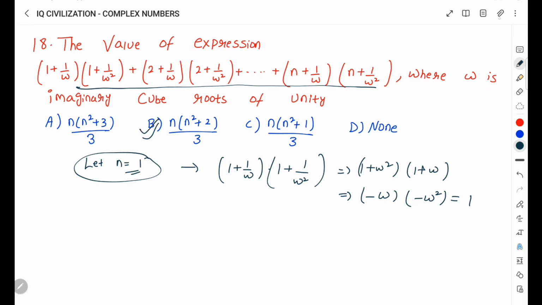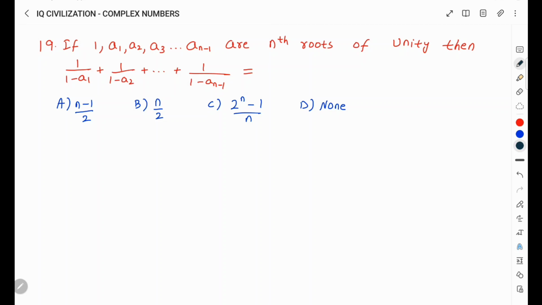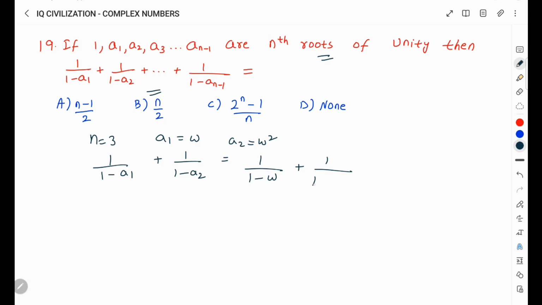Over. Next. See, if 1, a1, a2, a3, and so on are nth roots of unity, we need to find the value of this. So again, a small shortcut trick. Let's take n equals 3. Then a1 is equal to omega, a2 is equal to omega square. So 1/(1 - a1) + 1/(1 - a2) is equal to 1/(1 - omega) + 1/(1 - omega square).